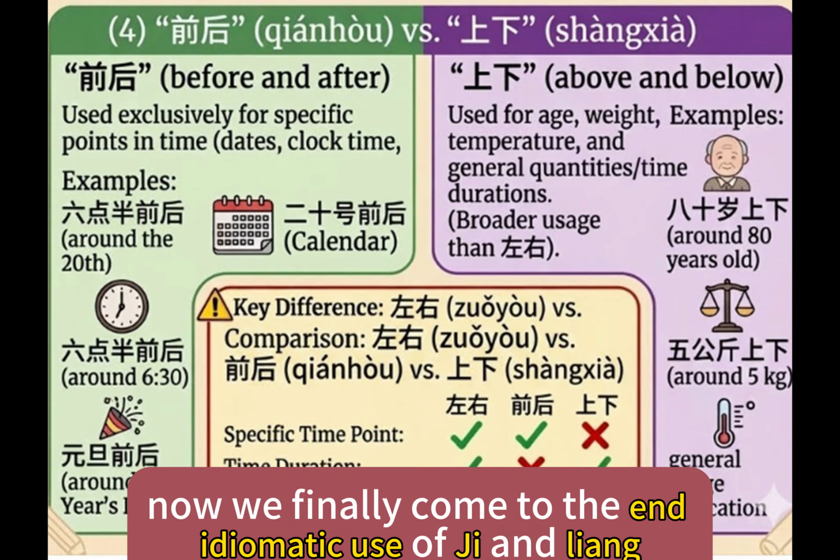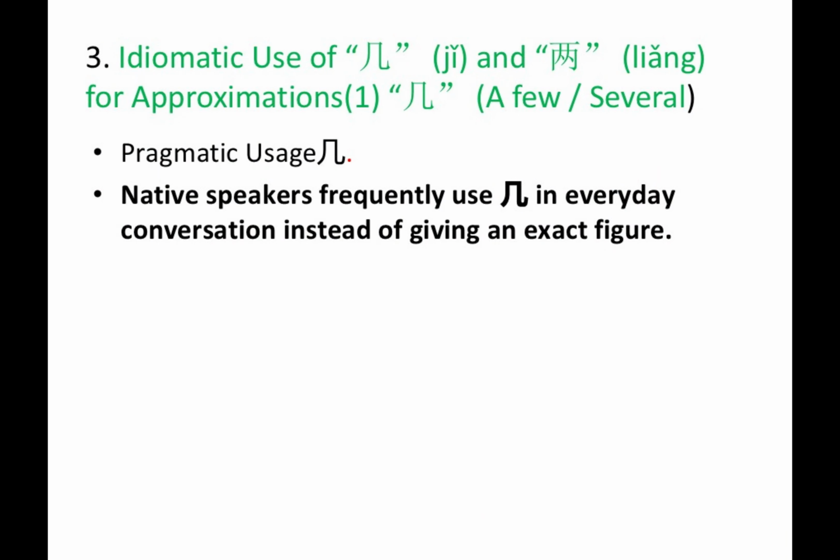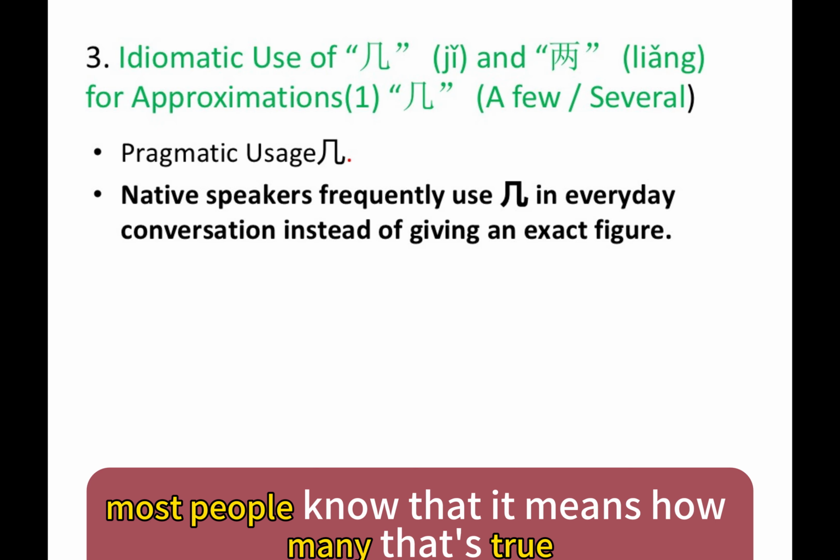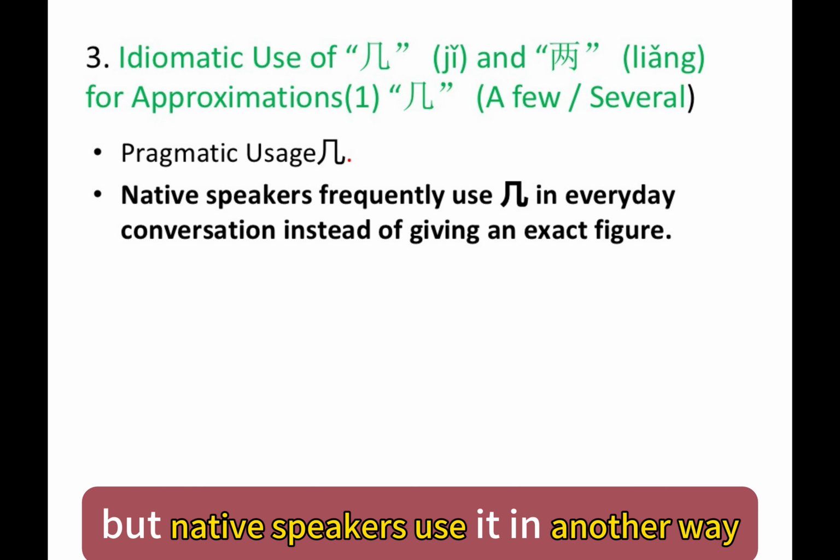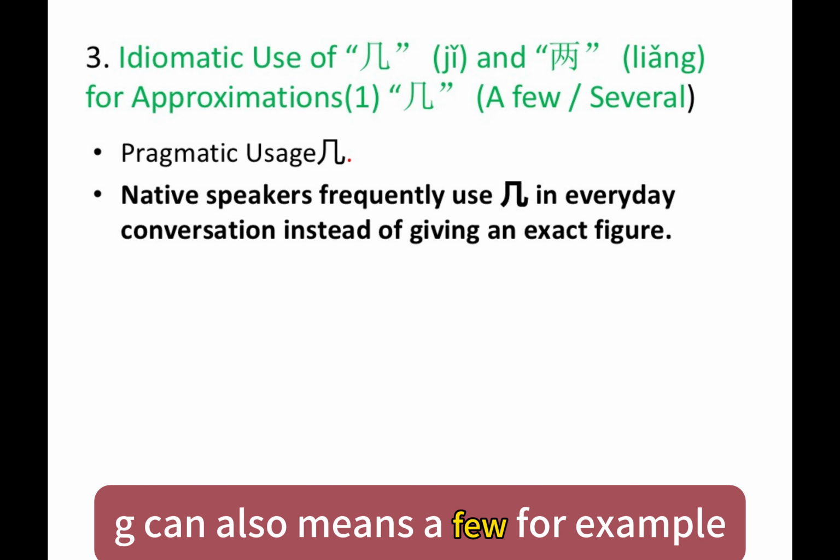Now we finally come to the end. Idiomatic use of 几 and 两. Most people know that 几 means how many. That's true, but native speakers use it in another way. 几 can also mean a few.